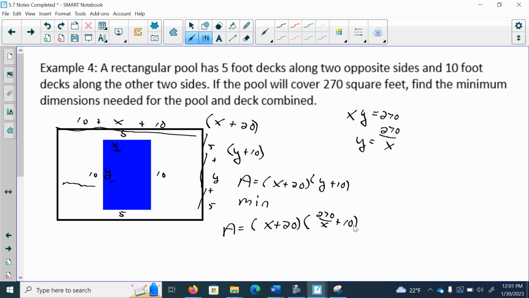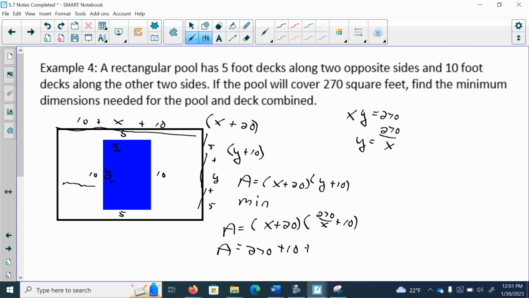Now I have to find the derivative. I'm probably going to FOIL it first because I think that would be easier. So if I FOIL this, I'm going to multiply my first term, that X times the 270 over X, and just get 270. Multiply the outer, and I'm going to get 10X.